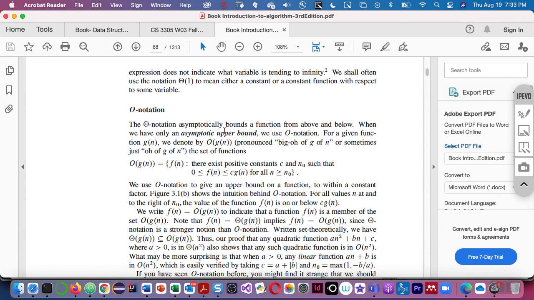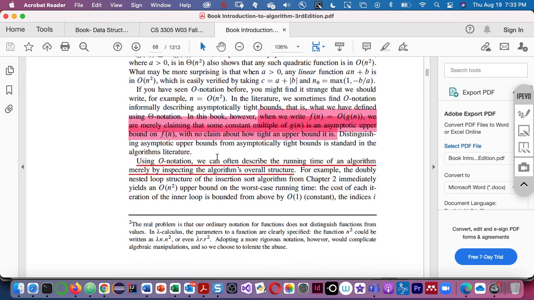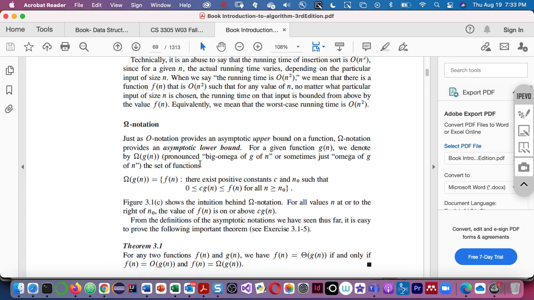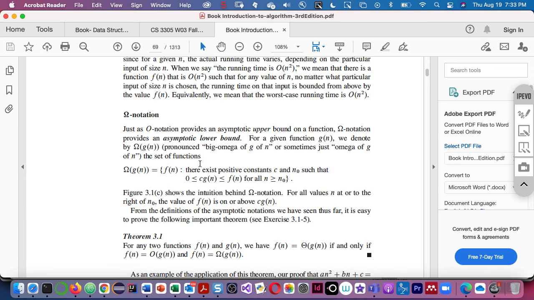This is the big O notation definition, and then there is a small o notation, and there is an omega notation. Omega notation says the minimum time it takes, so at least your algorithm will take this much time.